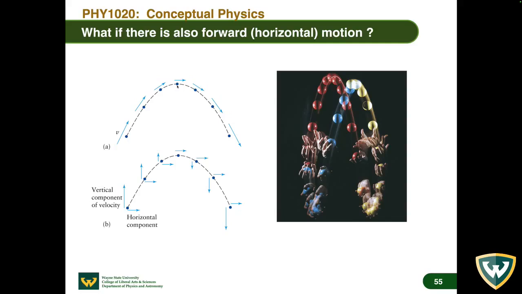The velocity along the vertical axis will be 0, but the velocity along the horizontal axis will remain finite. It will remain the same. And then the ball will come down. The horizontal component of the velocity will remain the same, but the vertical component will become larger and larger, pointing down. You can think of this as playing baseball or as juggling ball, as illustrated here. Same idea, same principles.